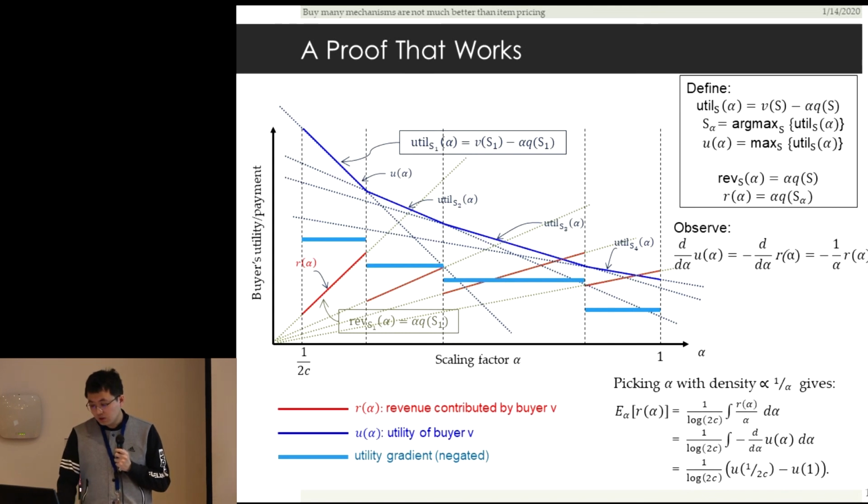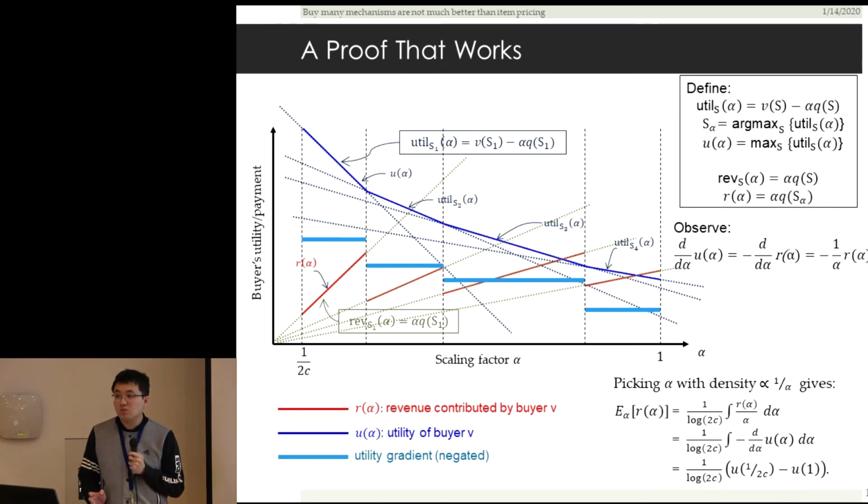So if we pick some alpha with a proper distribution, that is the one with density proportional to 1 over alpha, then we can observe that the expected revenue, when alpha is following this distribution, is proportional to the integral of the gradient of the utility function.